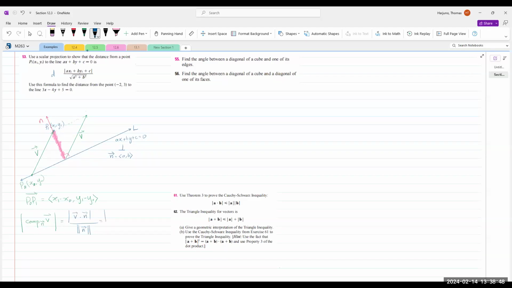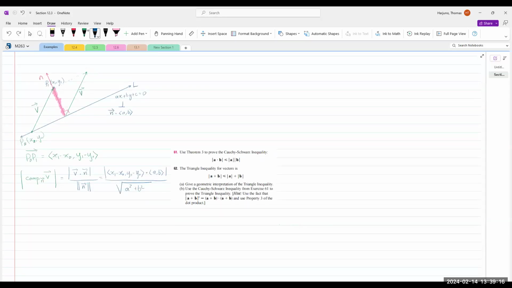What is my v? x1 minus x0, y1 minus y0, dot n, which is ab, over the square root of a squared plus b squared. Now at least you see the denominator already, right? It's just about the top now, how we play around with that. Let's go on.